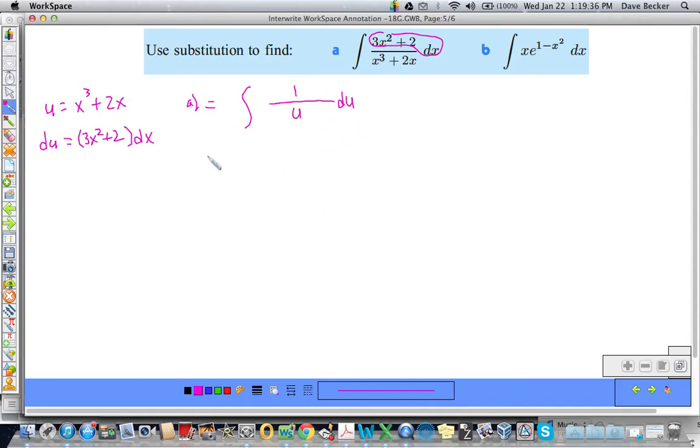Okay? Well, the integral of 1 over u is equal to the natural log of the absolute value of u plus c. And then I just replace what I substituted for u, right in there, and that becomes the natural log of the absolute value of x cubed plus 2x plus c. And we are done with that example.